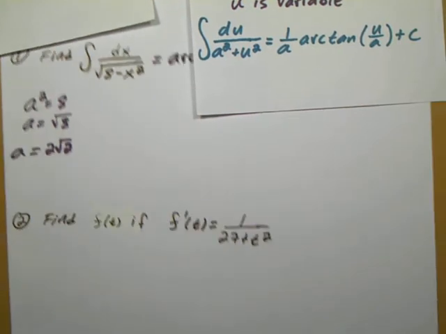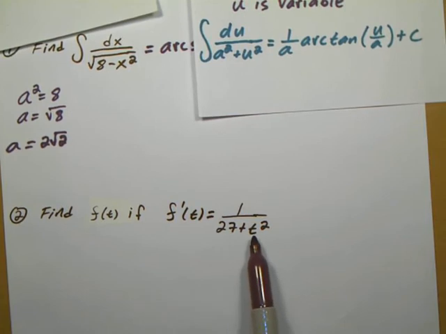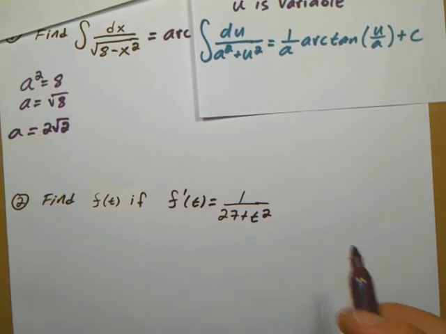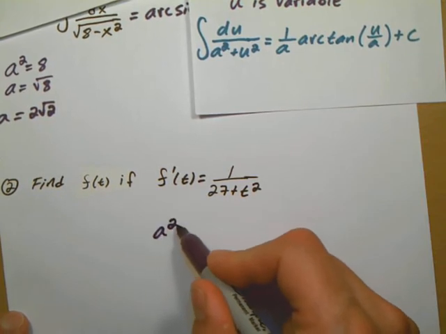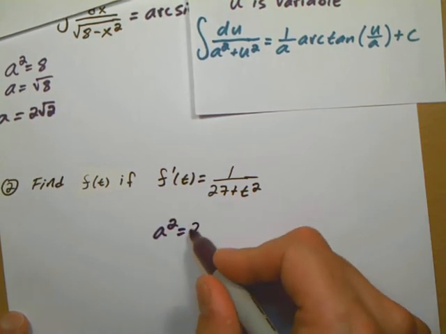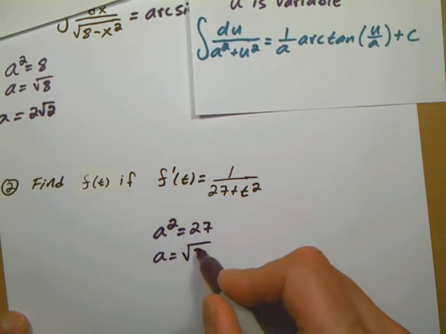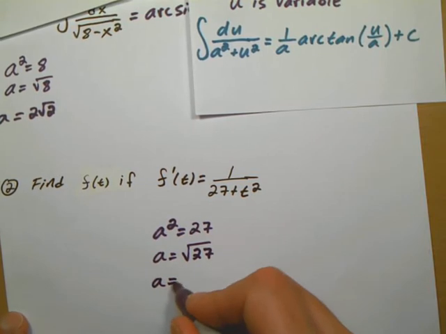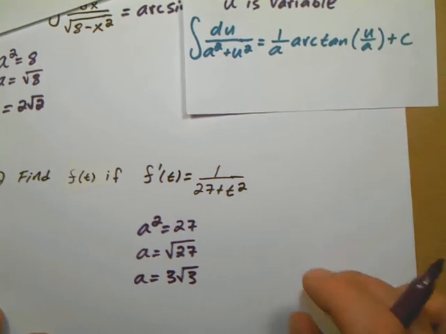For number 2, it's a constant squared plus a variable squared, so it follows the arctangent pattern. Similarly, we have a squared equal to 27. If you take the square root of that, it's the square root of 27, and hopefully you can recognize quickly that this simplifies as 3 square root of 3.